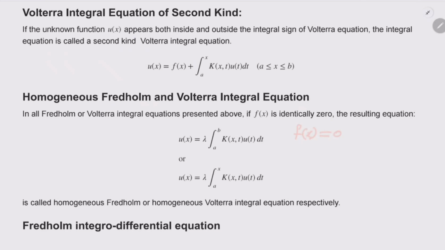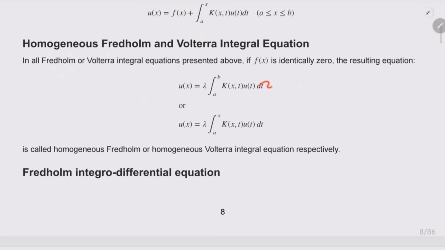It means that this integral equation becomes homogeneous, similar to a differential equation, which becomes homogeneous when the right hand side is zero. Same is the case with integral equation. This is fixed limit, so we have Fredholm. This is variable limit, so we have Volterra.